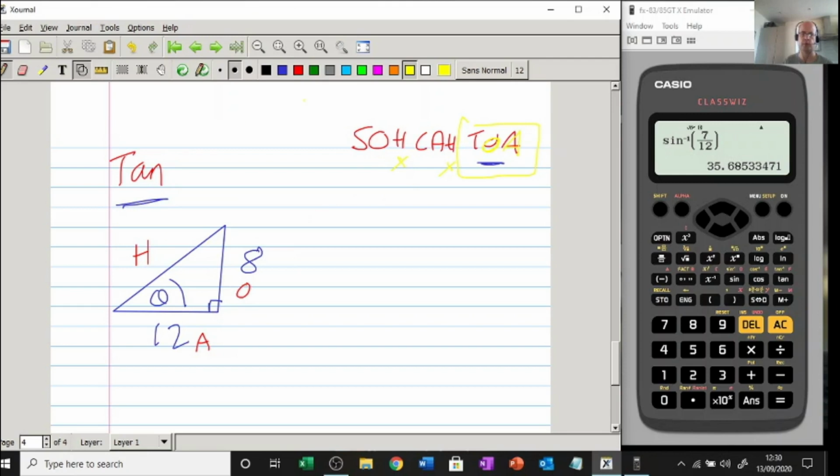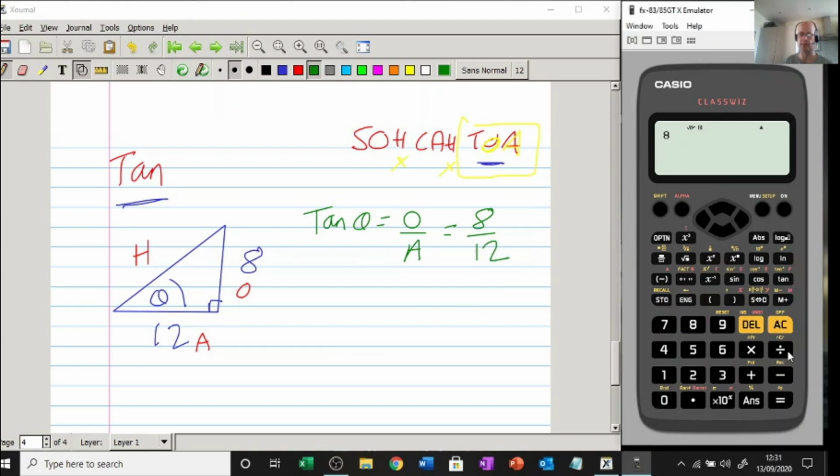So I'll just do the same as we did before, just to make sure you don't make the same mistake. Tan of the angle is the opposite over adjacent, which is 8 over 12. Now I'll keep going on about this because people will still do it.